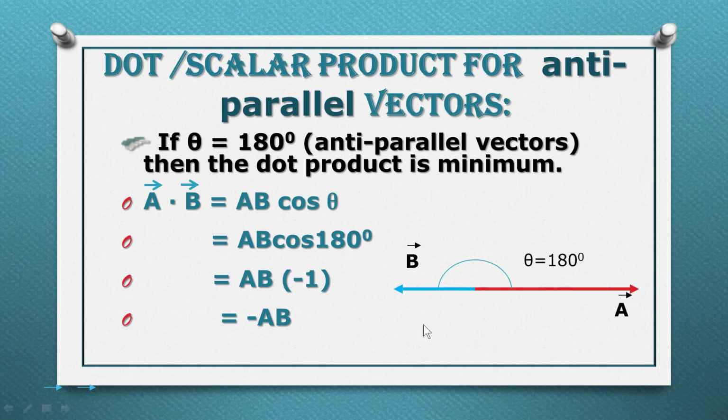Okay, because you know that magnitude should not be negative. So practically it should be between 0 and 90 degrees, but we discuss it between 0 and 180 degrees. So you have to put this over here, that if theta is 180 degrees, two vectors are anti-parallel, then the dot product is minimum.